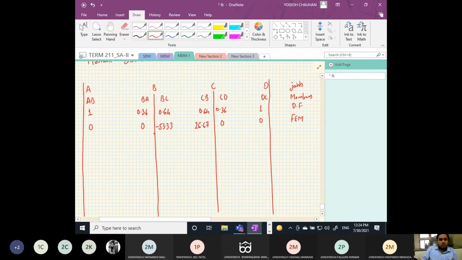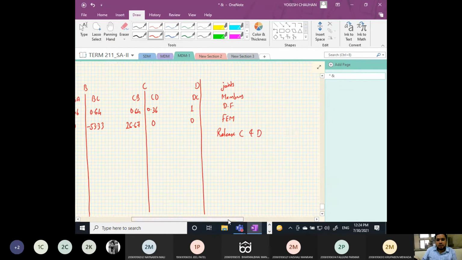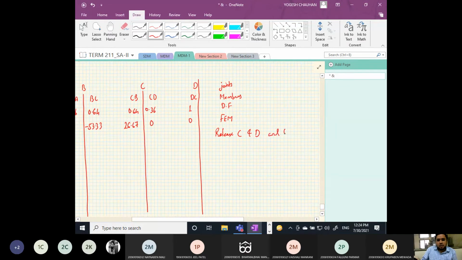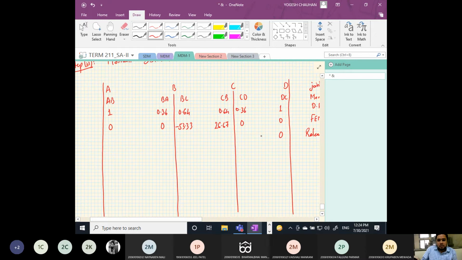Okay, now joint A and joint D are hinged, so we have to release C and D and then carry over, but since there is no fixed-end moment, they will be the same as the actual moments.